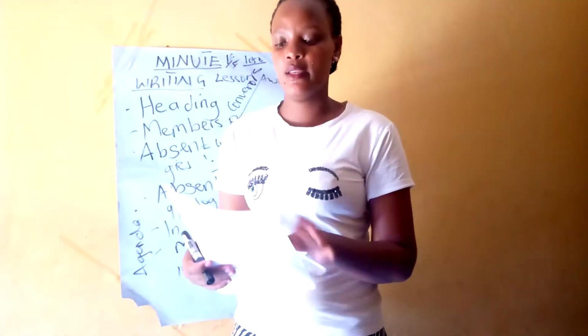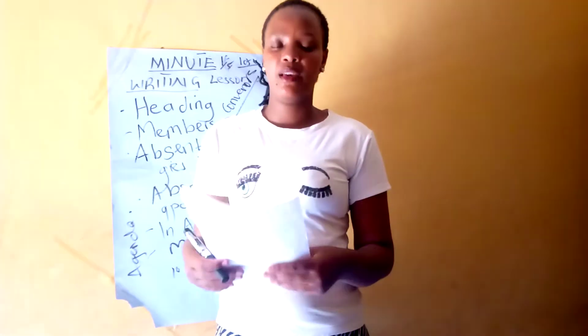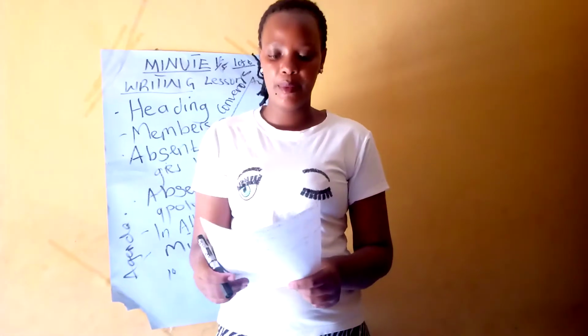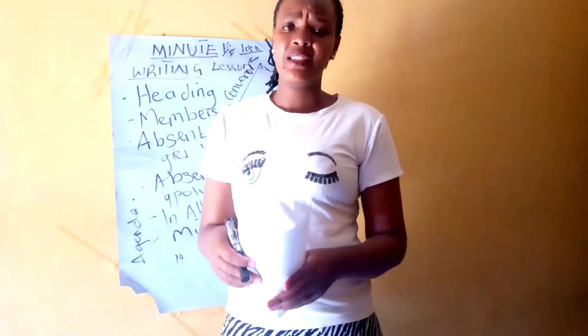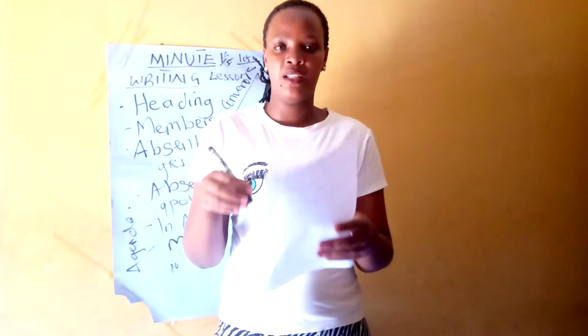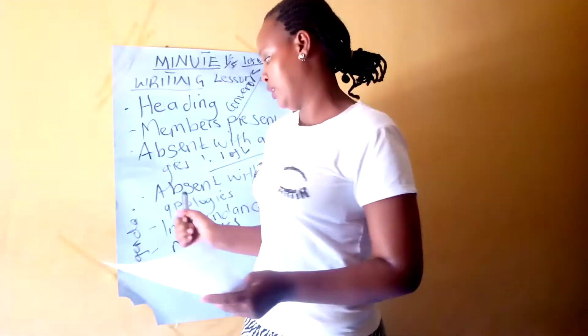This is our heading. Then we go to another aspect, which is members present. This is the list of the members who have attended in person, people who are in the meeting. You write them down here.